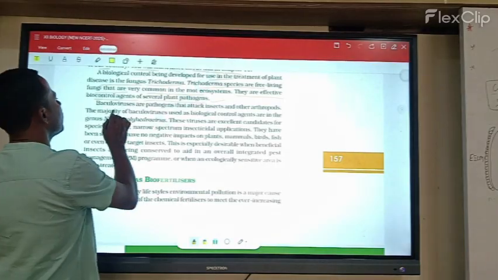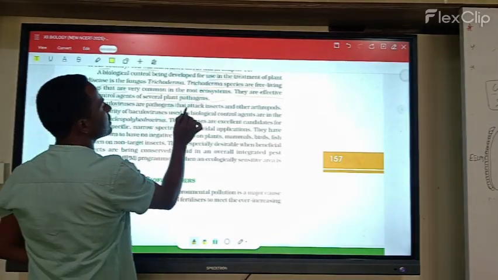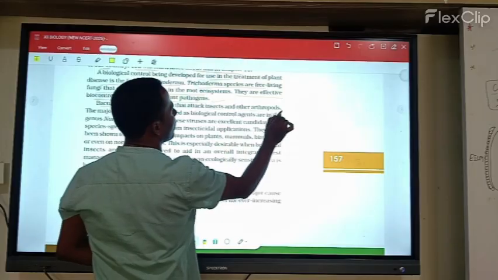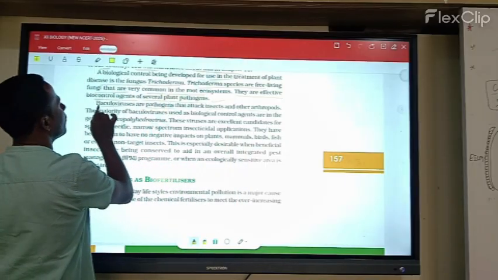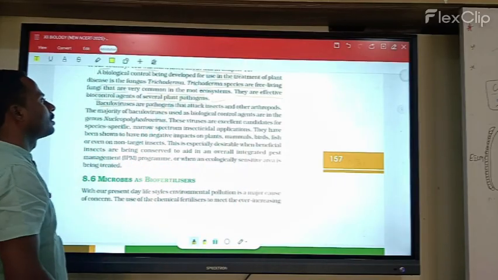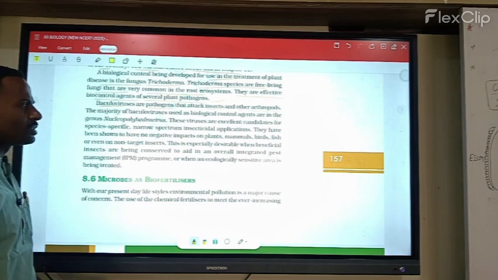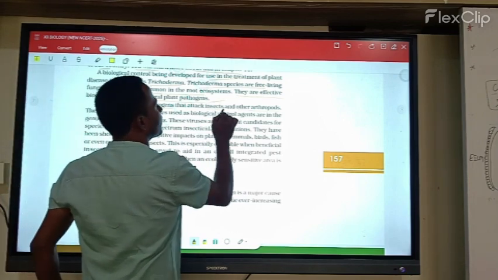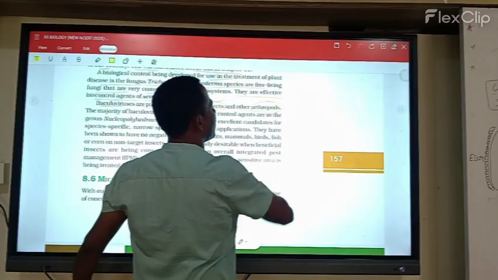Next, baculoviruses are pathogens that attack insects and other arthropods.